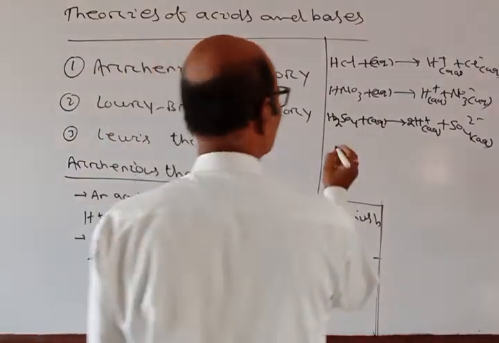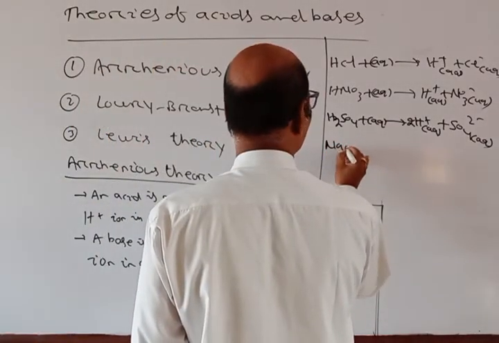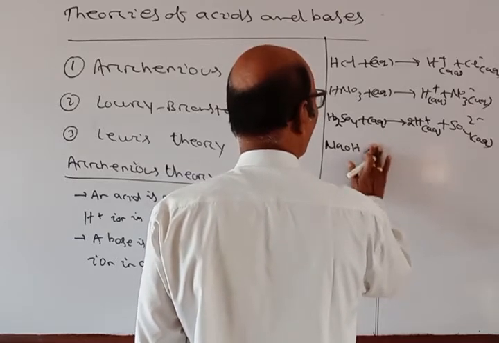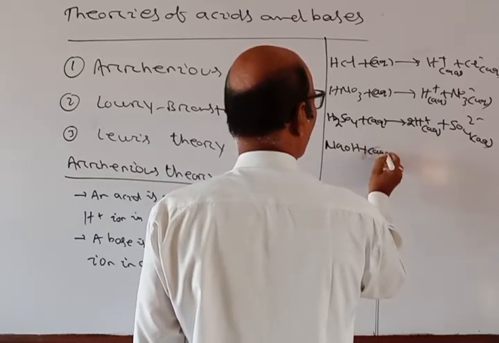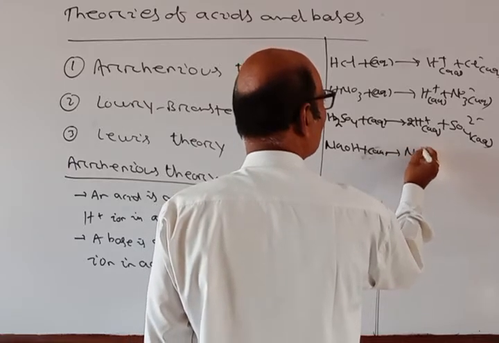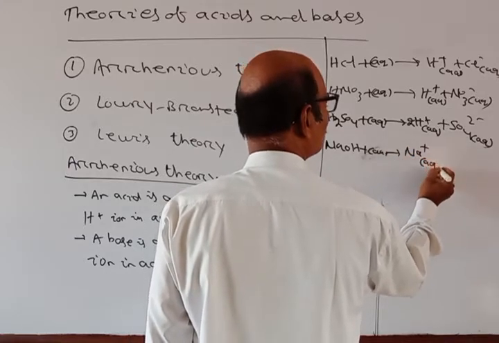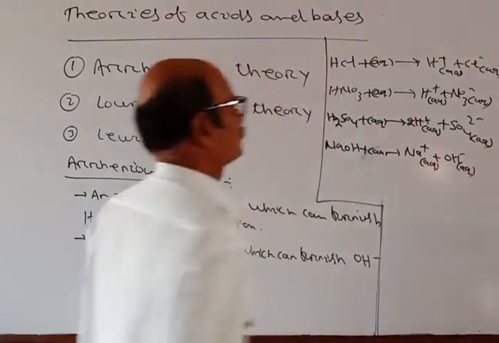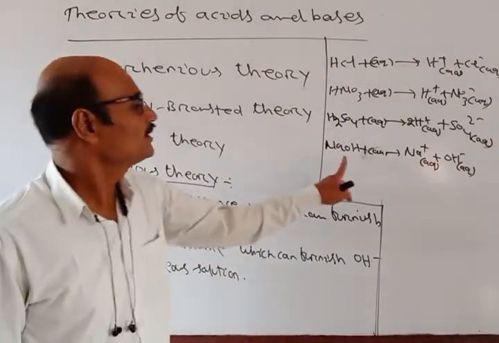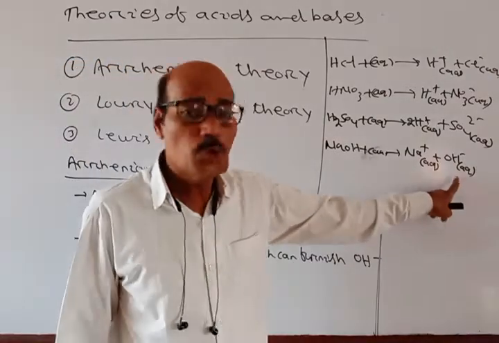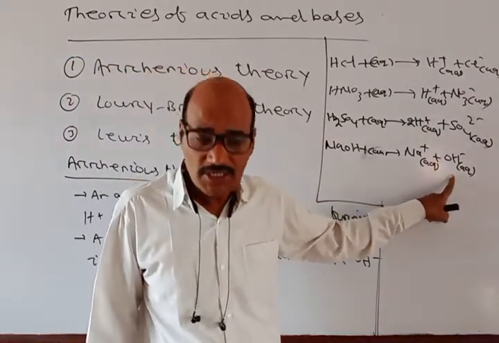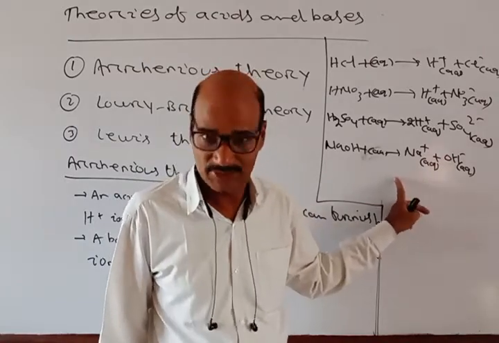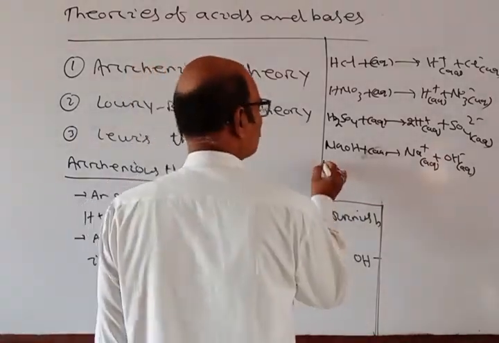Similarly, if I take NaOH plus aqueous, you get Na plus aqueous plus OH minus. NaOH is giving OH minus ion, so NaOH is a base.